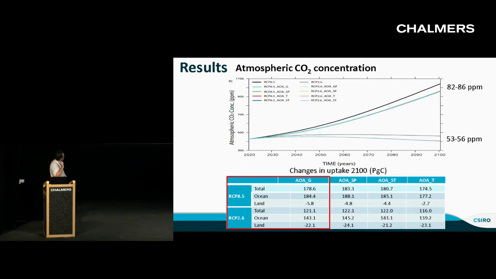But what's interesting is we get about an 82 ppm change in the atmosphere, and 53 in the atmosphere under lower emissions. But what you see here is it's the oceans doing the bulk of the work. In fact, the ocean's taking up carbon under both of the scenarios, but actually the land is letting it out.